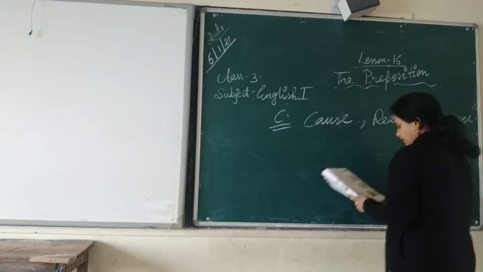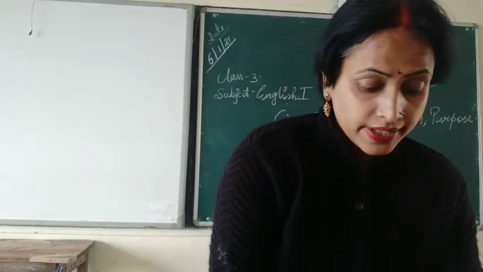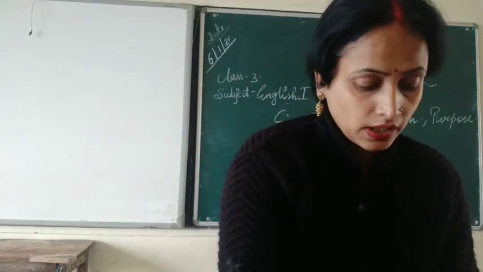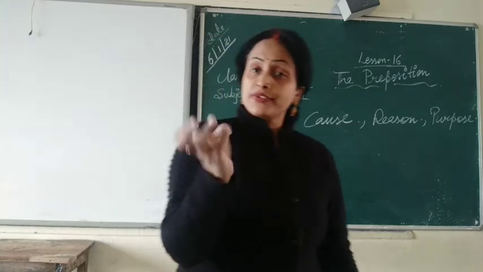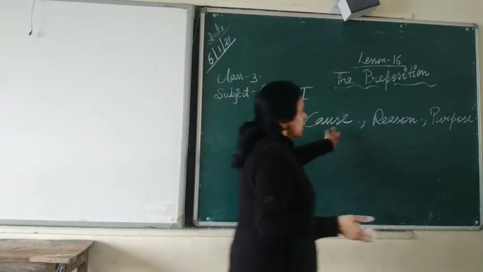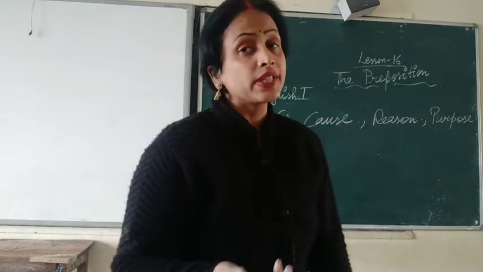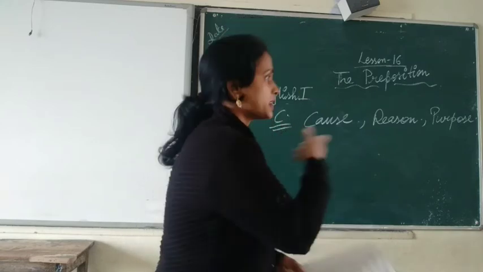How will it be clear? When we see some examples, it will be more clear. Time we have already taken. Now the third one is what? Cause, reason, purpose. So how are we using the prepositions for these?